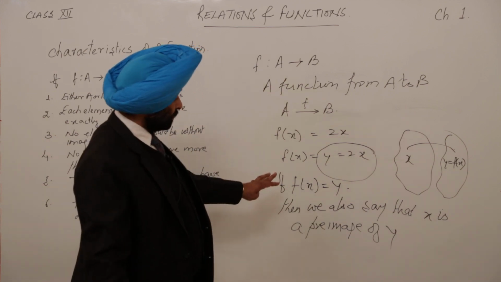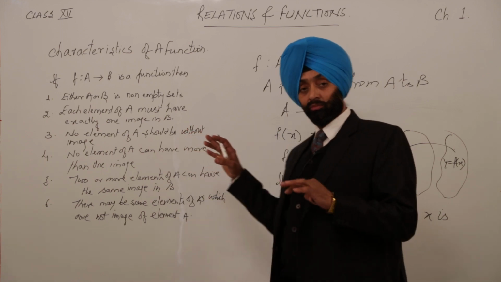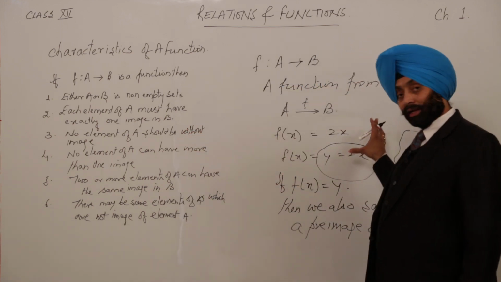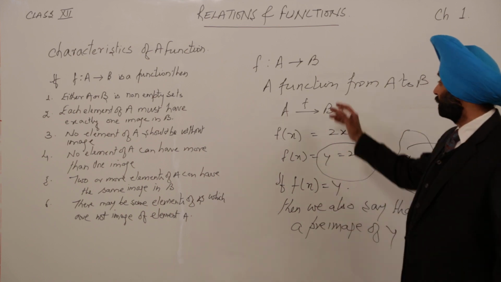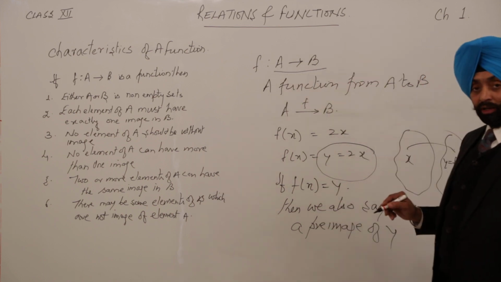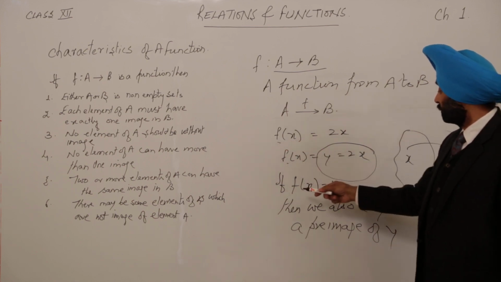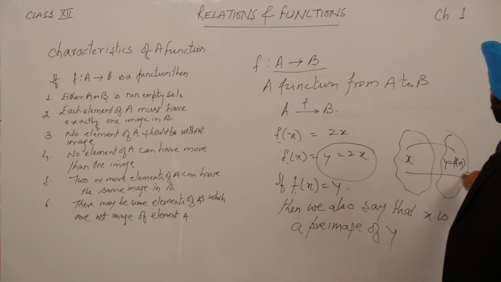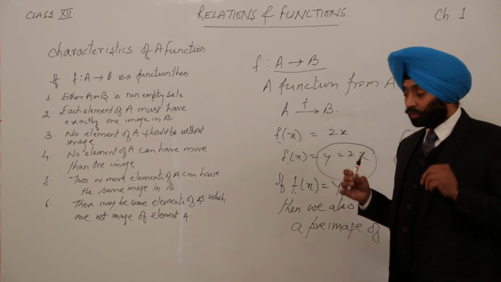Whatever I have written, when I give you some examples we will see these things again and clear them up. This is the basic thing we write for a function. Number one, it is always written in this manner, and then it is written like this one, or basically this one. So this is about the written part for a function.